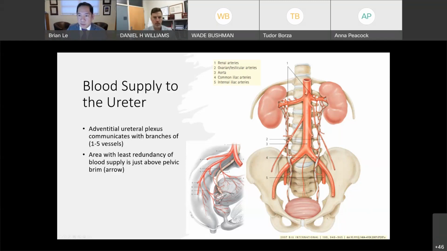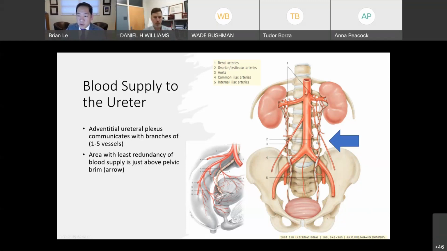So going from top to bottom: renal arteries, gonadals, common iliacs, internal iliacs, and branches of the internal iliacs, such as superior vesical, inferior vesical artery, etc.